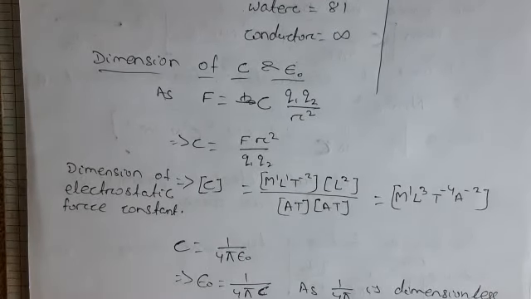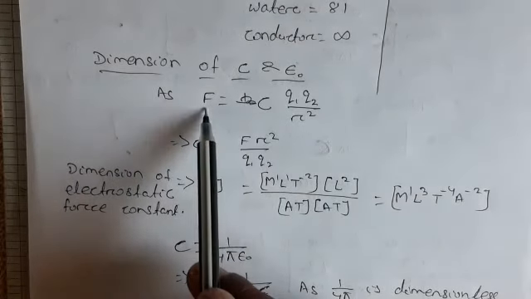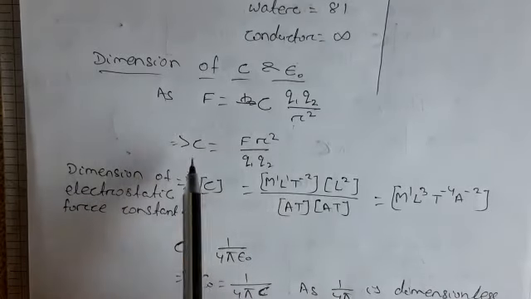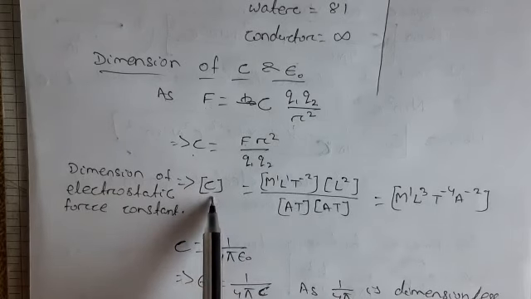What is C? C is the electrostatic force constant. And what is epsilon naught? I have told previously, epsilon naught is the absolute electrical permittivity of free space. So if I write the equation from equation 1, F equal to C Q1 Q2 by R square, then C equal to F R square by Q1 Q2, and I want to find out its dimension.